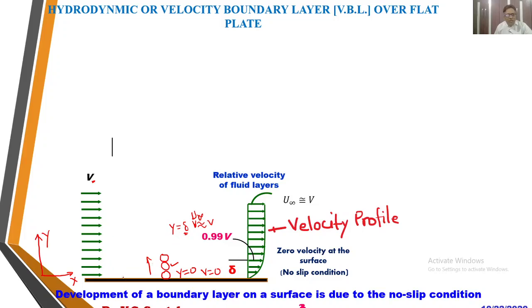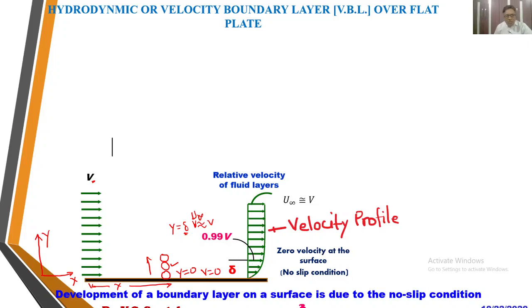So this phenomenon can take place at any distance, let's say x, from the leading edge. As we move away from the leading edge, the velocity gradient will exist and the velocity boundary layer formation will take place, and the thickness of this boundary layer will grow as we move away from the leading edge.